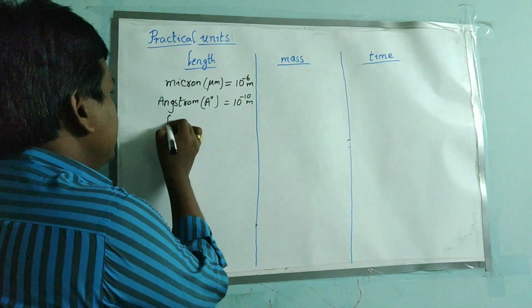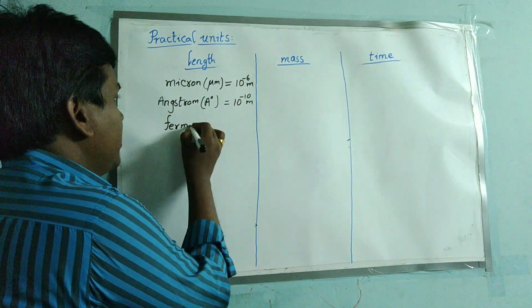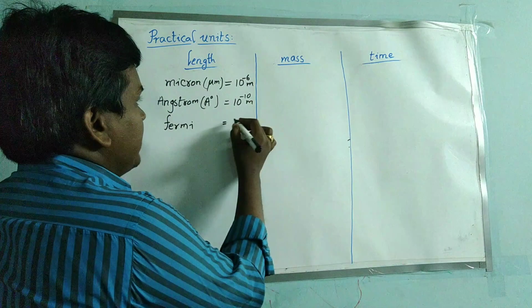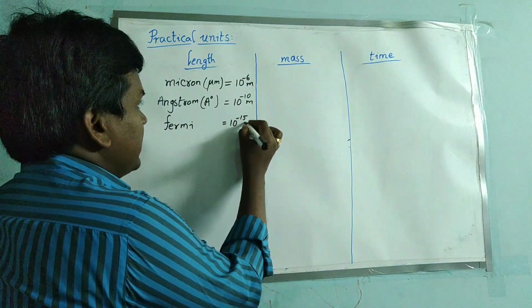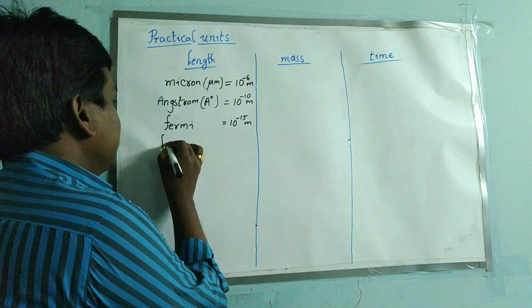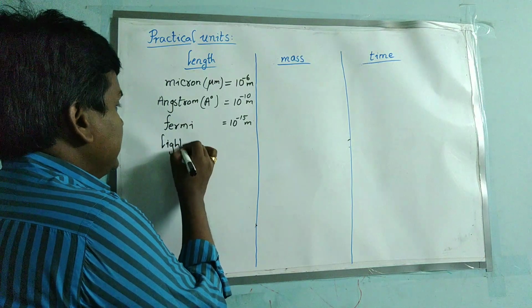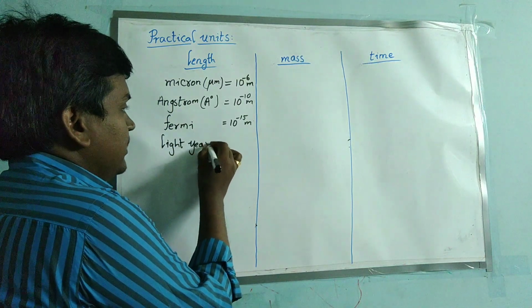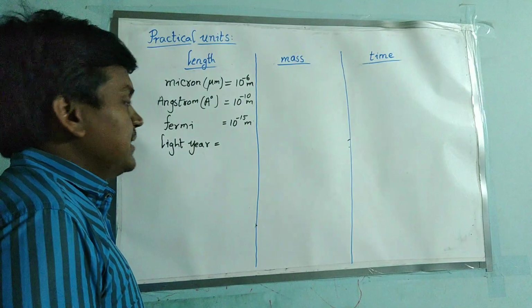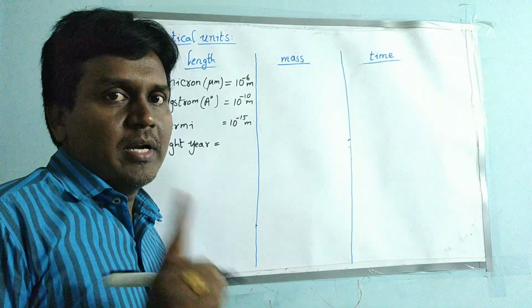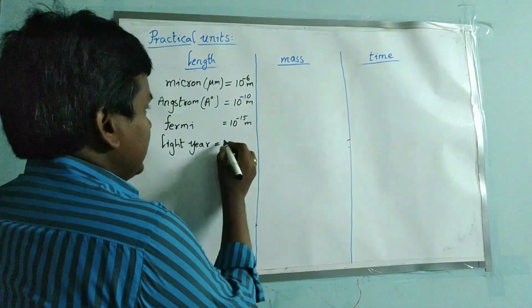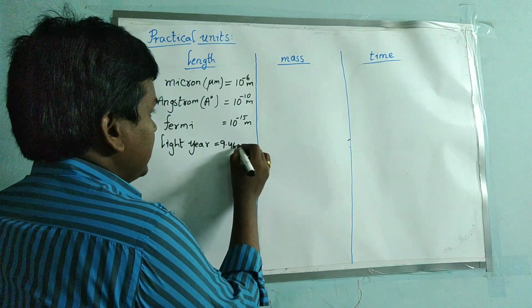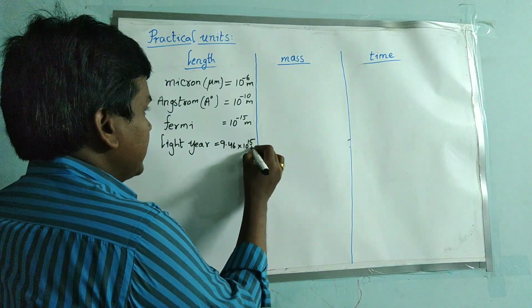And next, Fermi. Fermi is also a very small unit of length, and the value is 10 to the power of minus 15 meter. And light year: the distance traveled by light in 1 year is called a light year, and the light year value is 9.46 into 10 to the power of 15 meter.